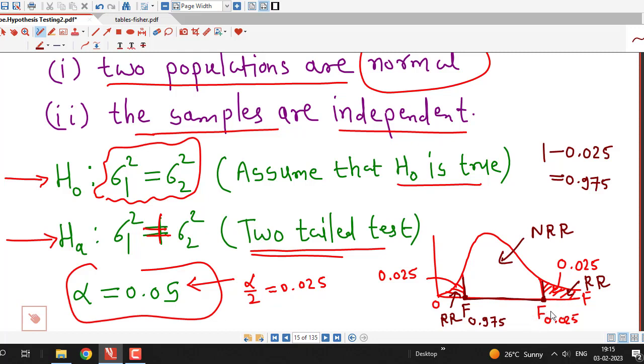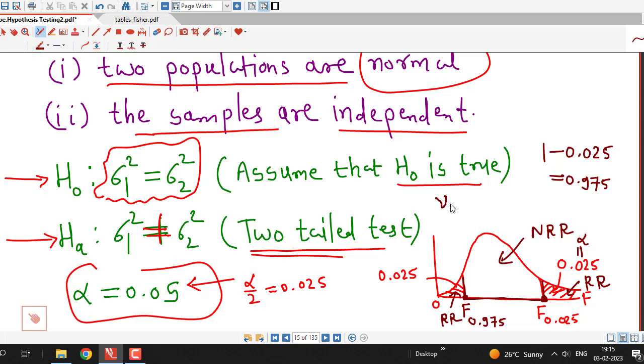And here to decide this point we have to look for 2.5%, or we have to look for alpha equal to 0.025 area in the f distribution table. We have different f distribution tables for different levels of significance. So we have to look for the f table which is for alpha equal to 0.025 level of significance, and in the f table we have values of these critical points for numerator and denominator degrees of freedom.